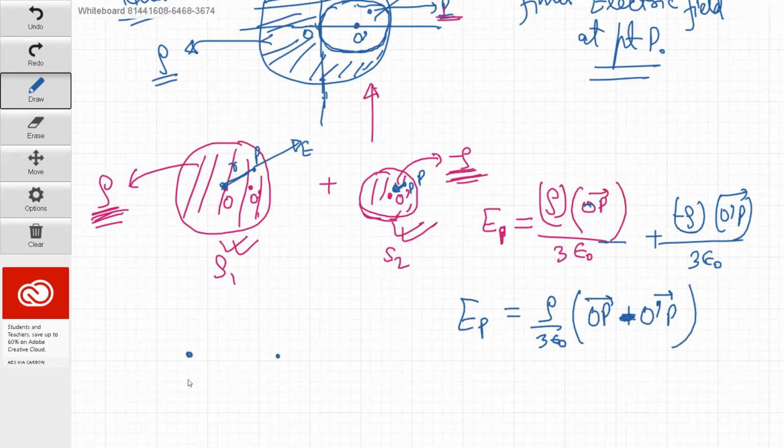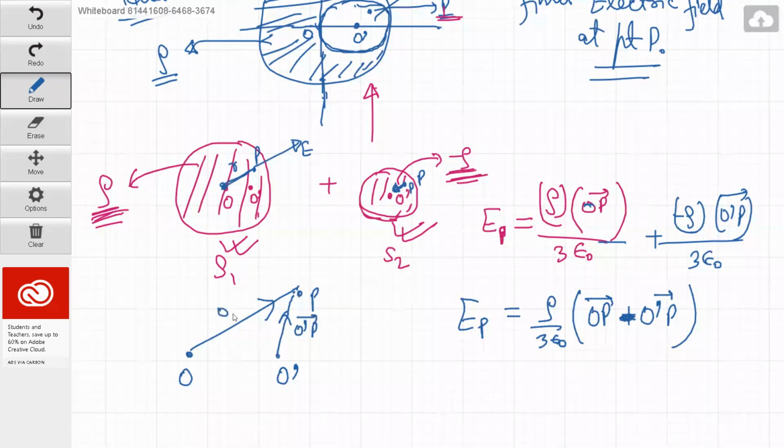Let's see. Suppose this point is O, this point is O dash, and suppose this point is P. This is the OP vector, and this is the O dash P vector.